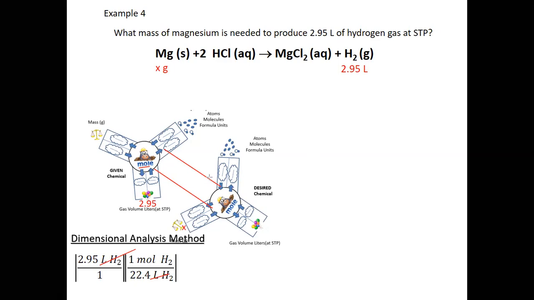We want to turn it into the mole amount of the desired chemical called magnesium. In order to do that, we use the mole ratio. There is a ratio in this case. I believe the ratio is incorrectly marked on here, so we're going to change that, and we're going to make that quantity a 1.